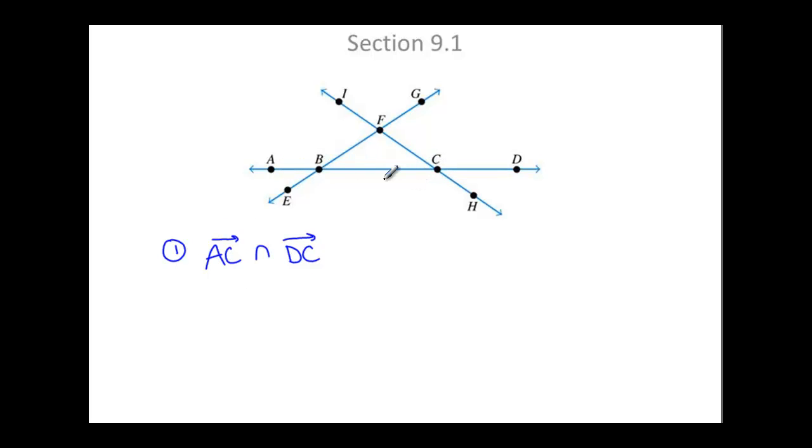So what I'm going to do is, just with my pen, highlight or color over the drawing so that we can see what's actually a part of ray AC. And then we'll do the same thing with DC and find what they have in common, since this is the intersection. Okay, so right now ray AC would have to begin with A, that would be the endpoint, and it's included on that ray.